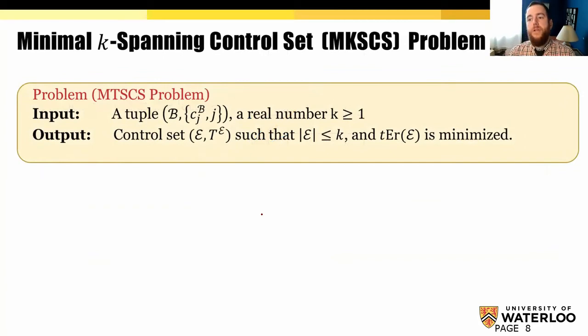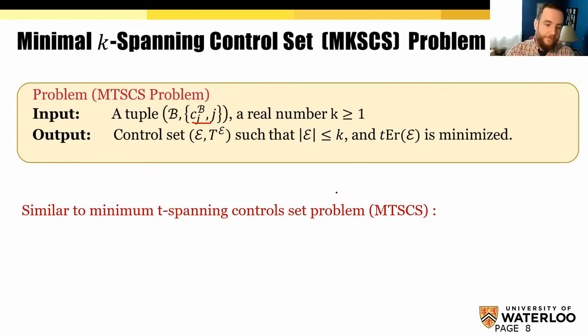Now this definition allows us to define the minimum case spanning control set problem. Given a set of connections B and the optimal costs to each vertex J in the lattice, and a real number k greater or equal to 1, can we find a control set whose set of connections has size no more than k and such that the T error of the set of connections is as small as possible?